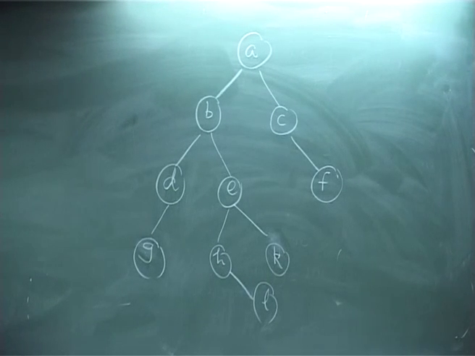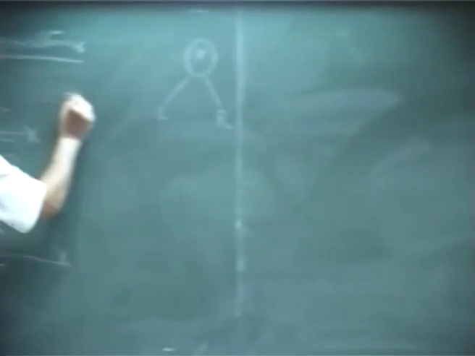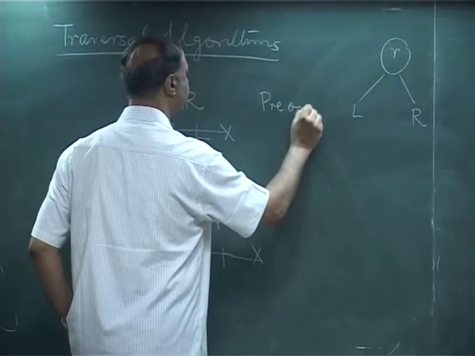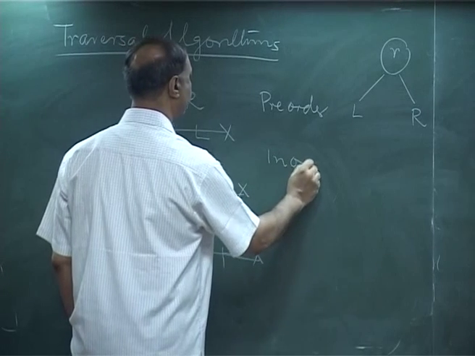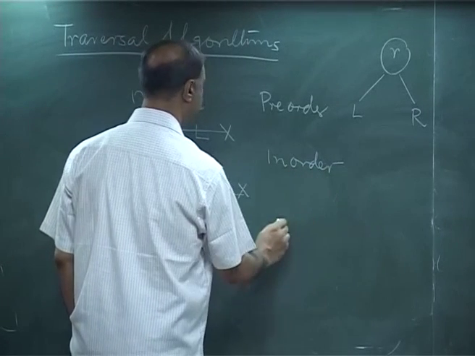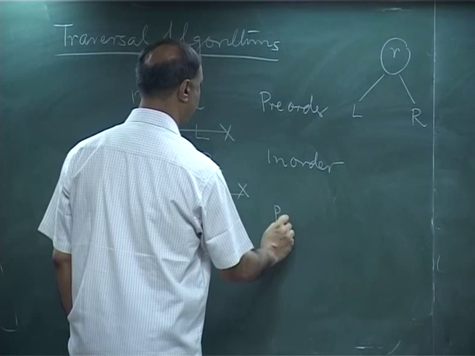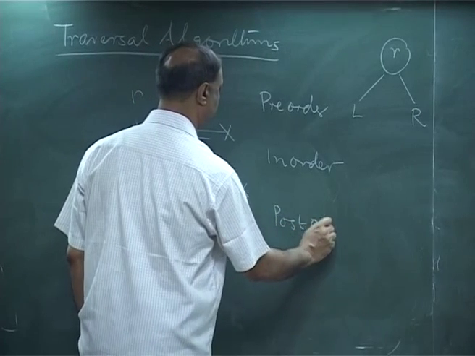Now, this traversal is known as pre-order traversal. This is known as in-order, and this is known as post-order traversal.